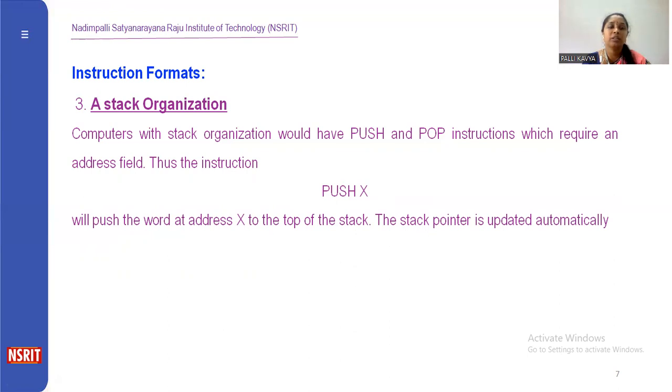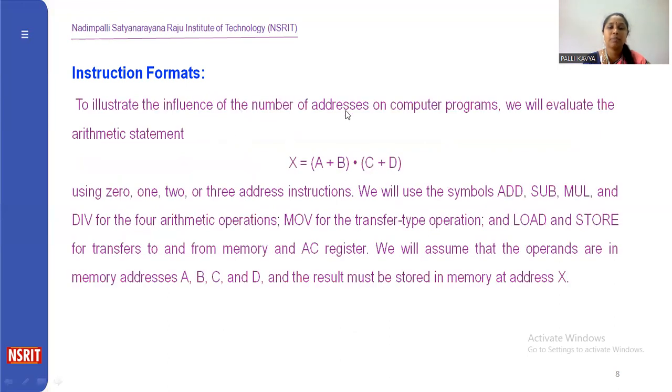Then, to illustrate the influence of the number of addresses on the computer program, we will evaluate an arithmetic statement: X = (A + B) * (C + D). This operation performs an addition between A and B, and an addition between C and D, and both results are multiplied and stored in X. This is one particular instruction we need to perform.